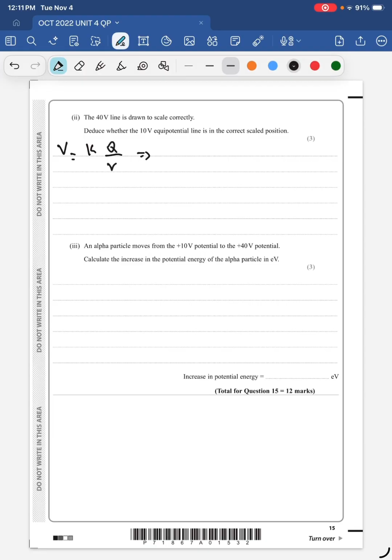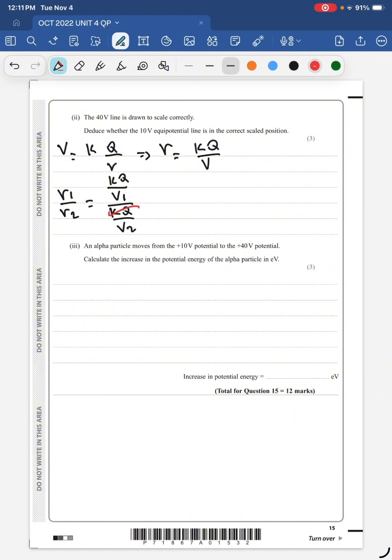So if we solve for r, r is kQ over V, right? So let's divide r1 over r2, which will be equal to kQ over V1, and for the second radius we will have kQ over V2.